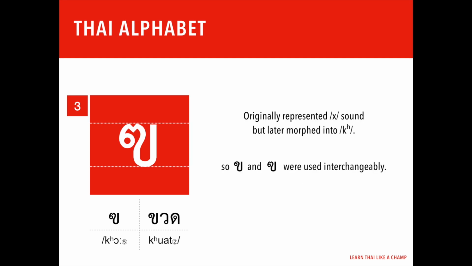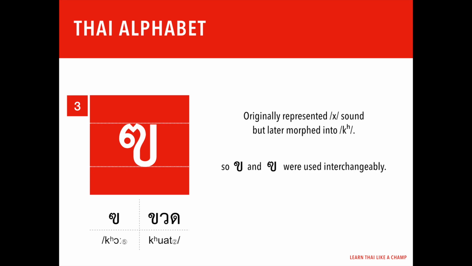Okay, let's back up a little bit. Originally, kho khuat represented the kh sound, which is the sound deeper in the throat and doesn't exist in the standard pronunciation of Thai anymore, although some people would still pronounce it like that, as do other regional dialects which still retain the sound kh.